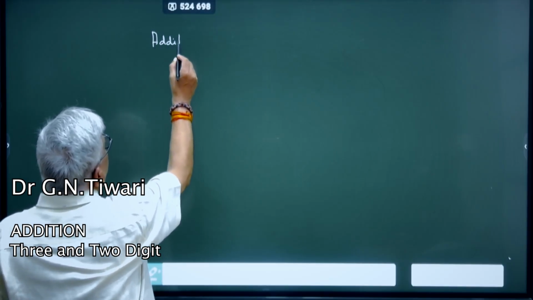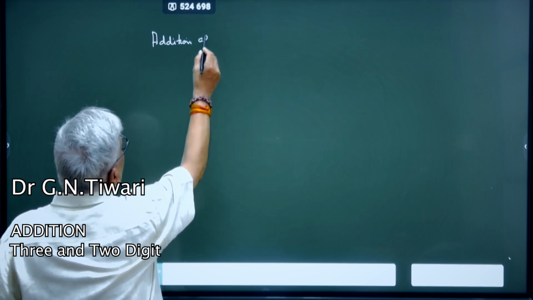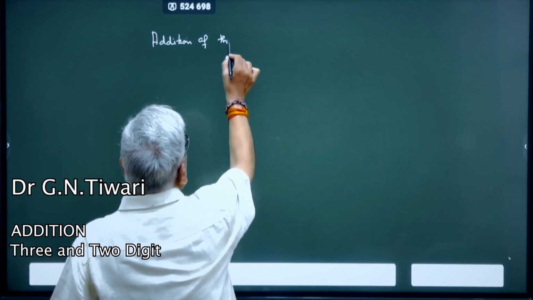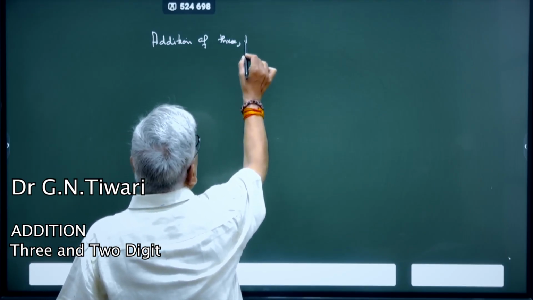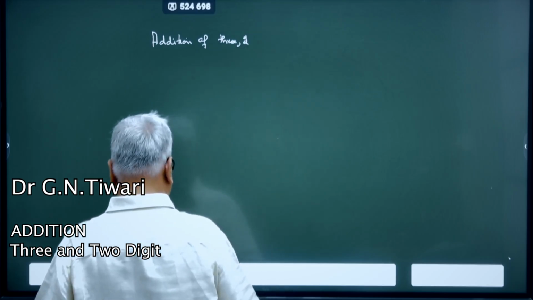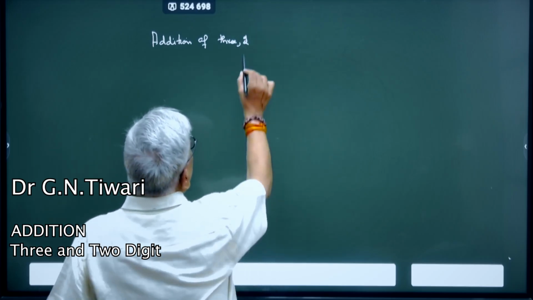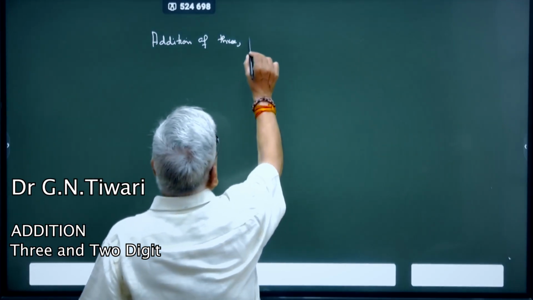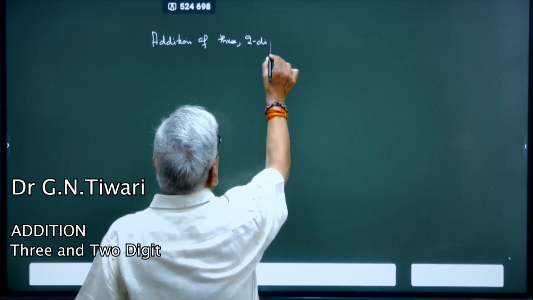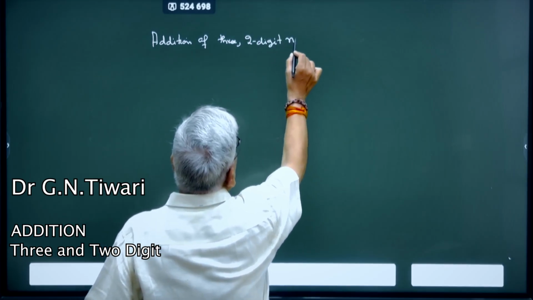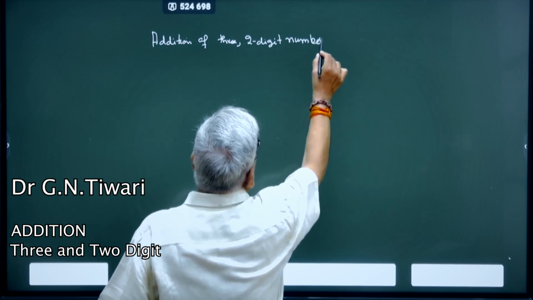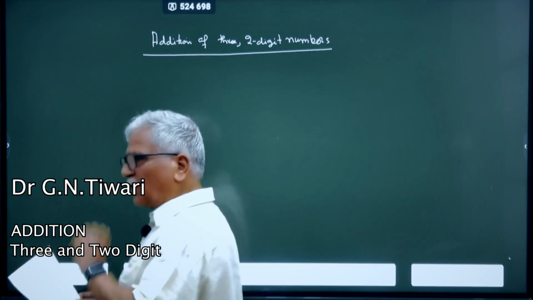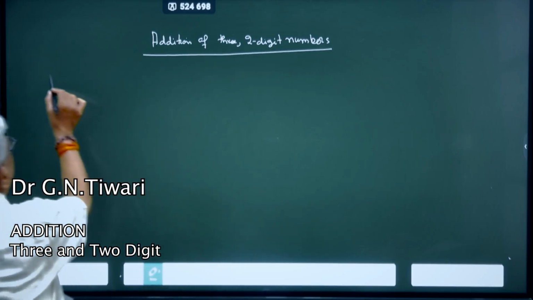Title of my lecture is addition of 3 two-digit numbers. And this is the third method. So because of that, I will put example 3.